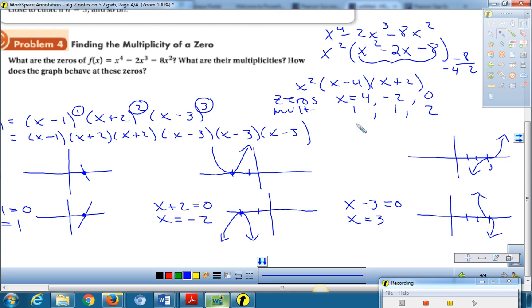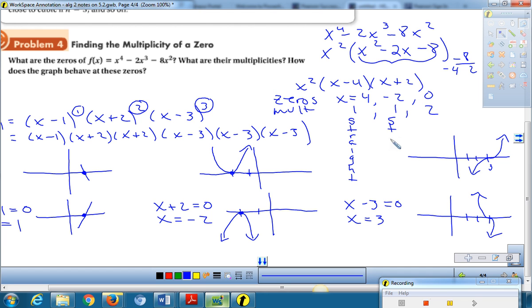All right? And tell me what happens at x equals 4. Does it go straight through? Does it bounce off? Or does it S through? Straight through. All right, and what about negative 2?